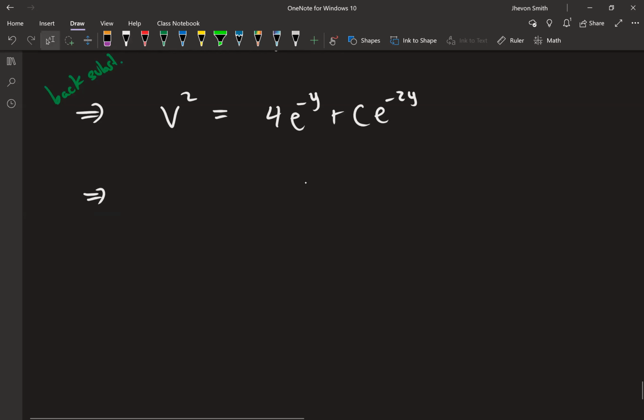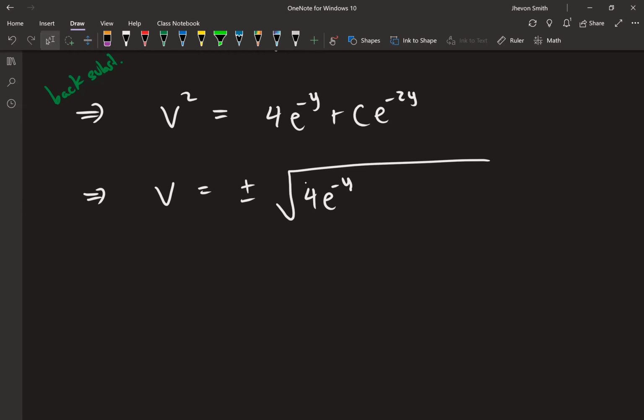And I can therefore take my v to be, well, plus or minus the square root of that. And what was my v? My v was y prime. Back substitute again.